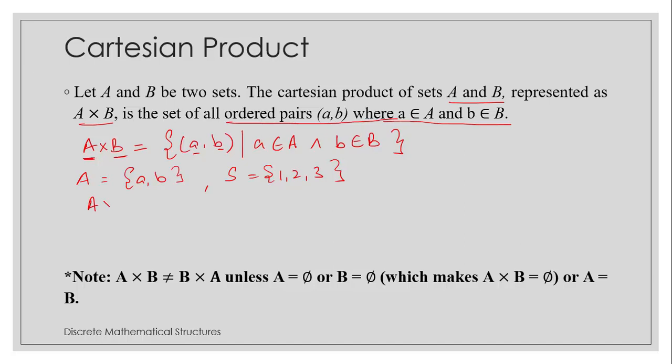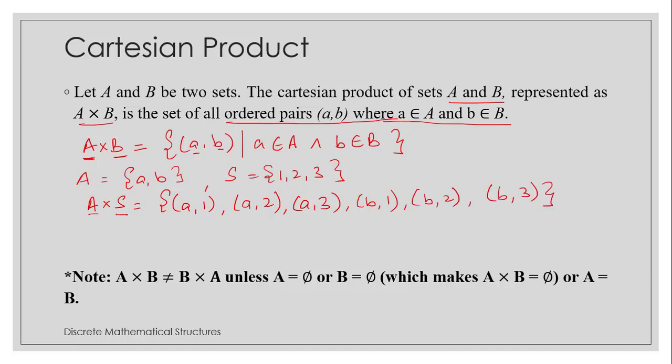Now find A cross S. So A cross S will contain all the ordered pairs of the form (a, b), where the first element will come from set A and the second element of the ordered pair will come from set S. So this will be (a, 1), (a, 2), (a, 3), (b, 1), (b, 2) and (b, 3). This is the set A cross S.